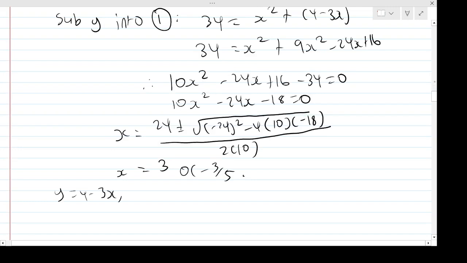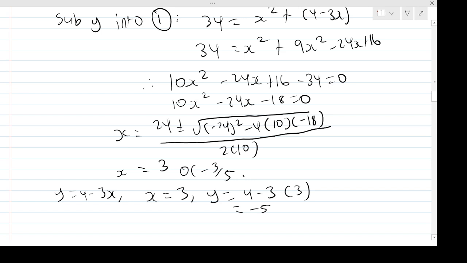so if y is 4 minus 3x, then that means when x is 3, to find the corresponding y value, y would be 4 take away 3 of 3, and that would get me 4 minus 9, which should be minus 5. Okay, cool.